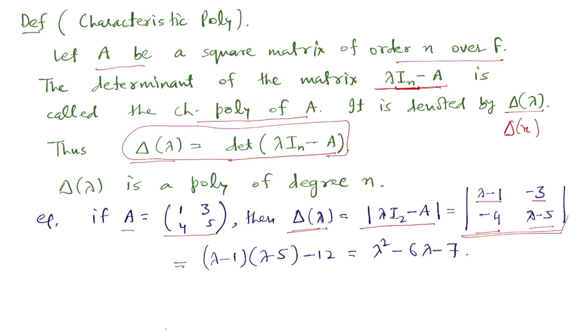If we evaluate this determinant, then this turns out to be lambda squared minus 6 lambda minus 7, which is a polynomial of degree 2 in lambda. Similarly, if A is of order n, then this determinant is a polynomial of degree n, and this delta lambda is called the characteristic polynomial of A.